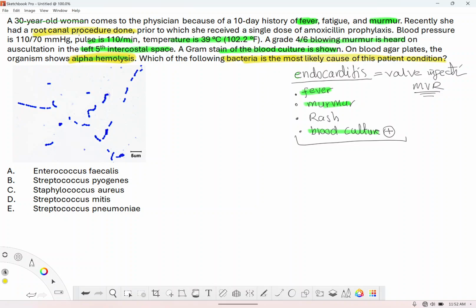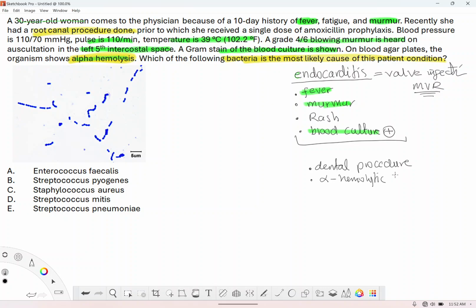So the risk factor for this infection is the dental procedure, and the bacteria that is there is alpha hemolytic.